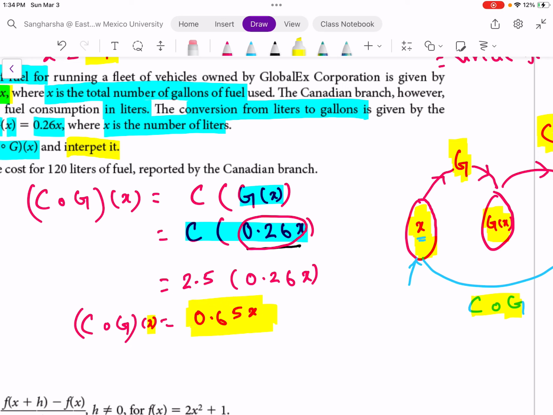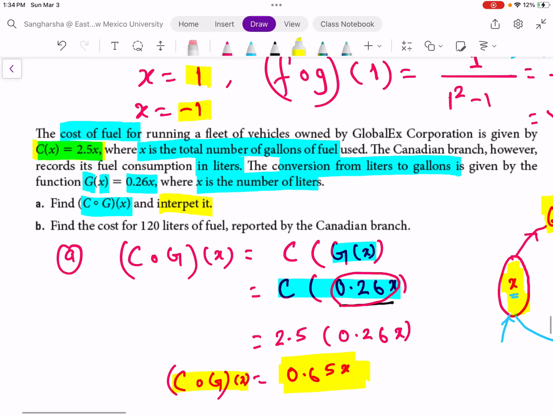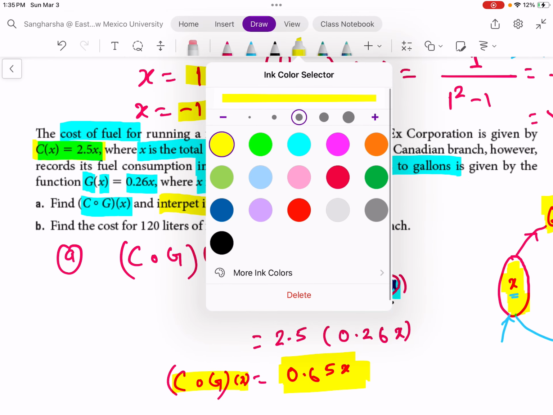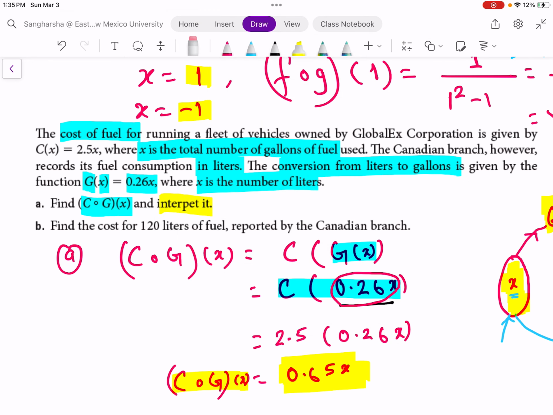So when we are given a number of liters, we use this function. We can't use the C function to find the cost, because that function is used when x is the number of gallons.